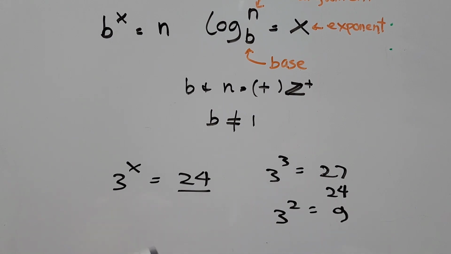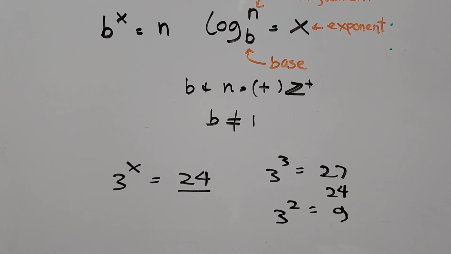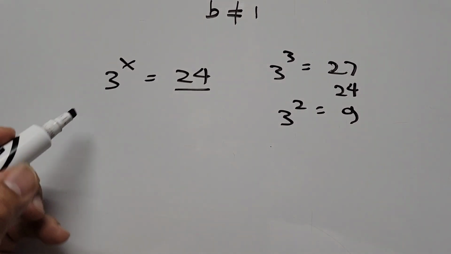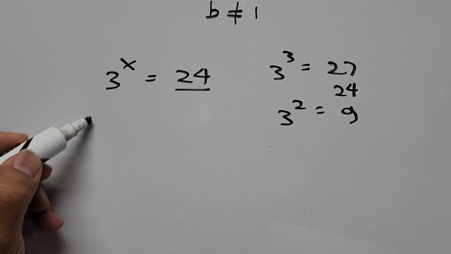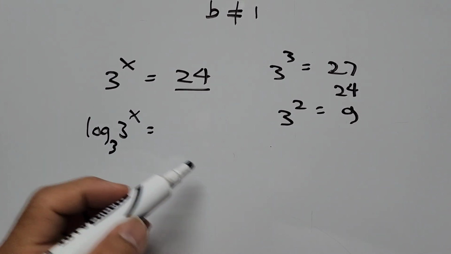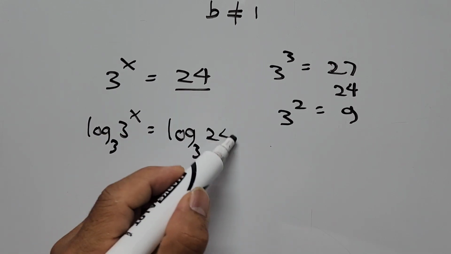So how are we going to solve for that exponent x? By the use of logarithm, we can solve for the value of x. Here, we take the log on both sides of the equation. Since the base is 3, we use log base 3 of 3 to the power of x is equal to log base 3 of 24.